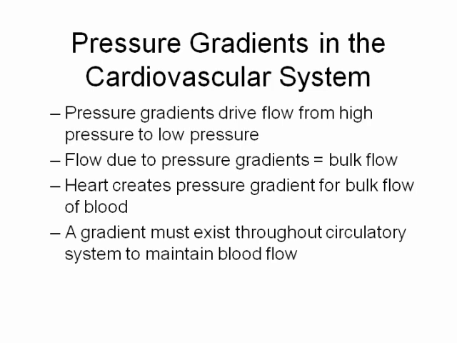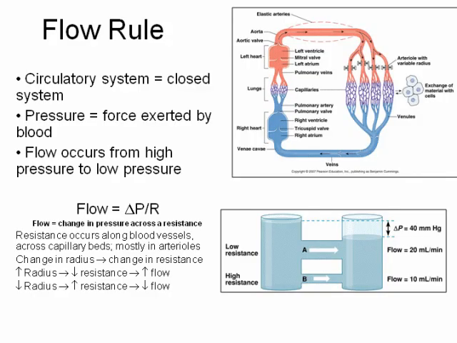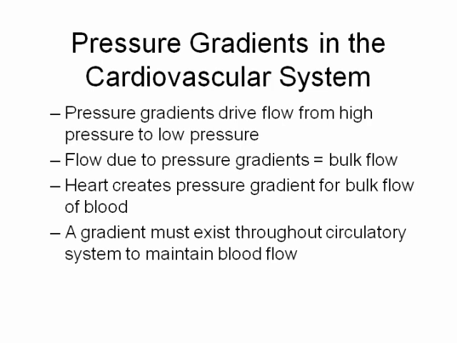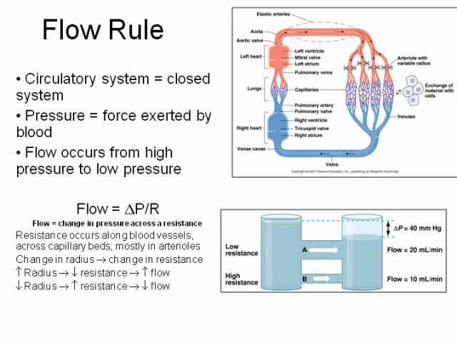So the pressure gradients of the cardiovascular system go from high pressure to low pressure, as we said before. And this produces a flow that we call bulk flow. That is, large quantities of blood are moving from one region of the cardiovascular system to the next. The heart creates this gradient for bulk flow, and the gradient must exist throughout the circulatory system to maintain flow.